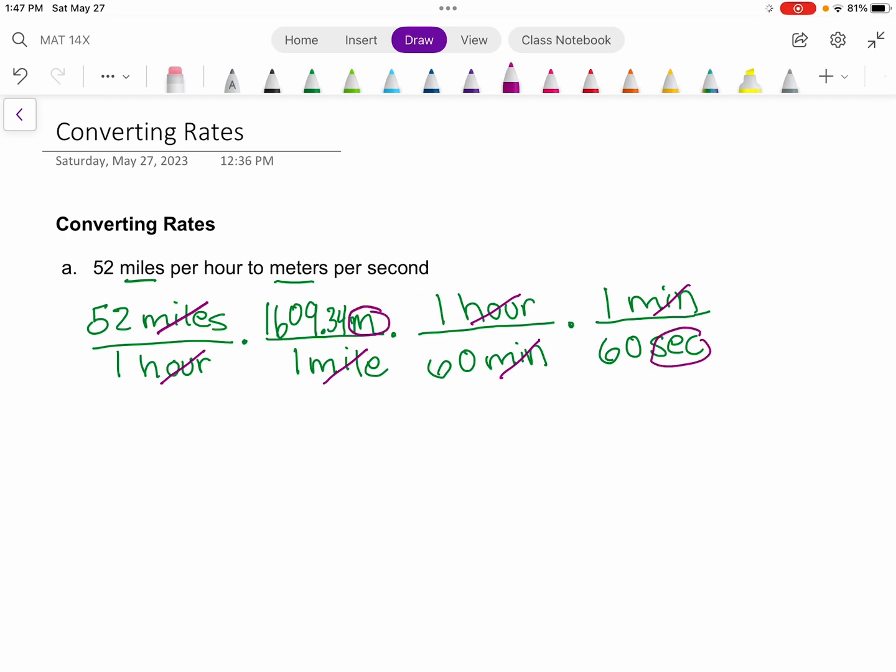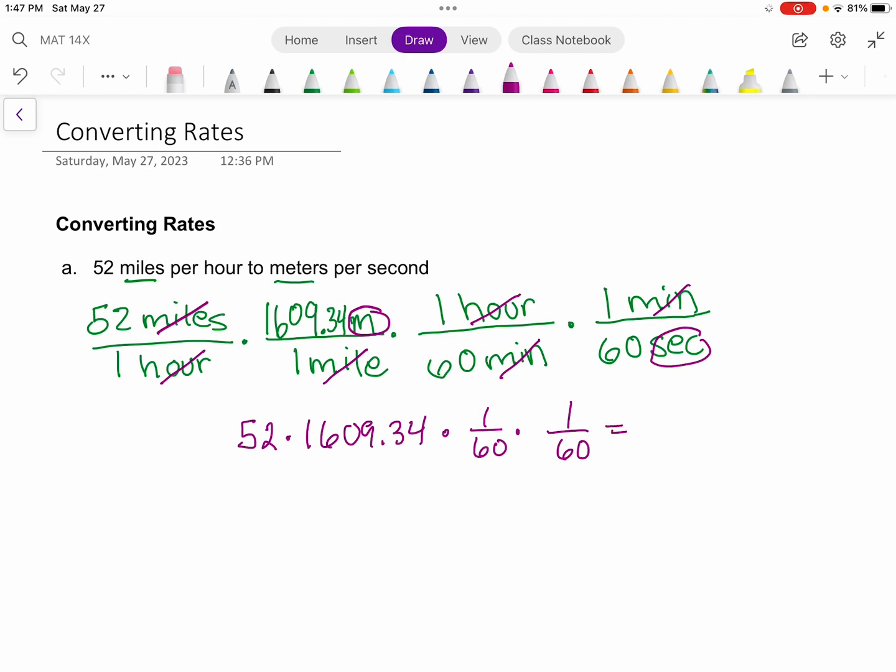And this is really just a giant multiplication problem. If I write this out without any of my units, I have 52 times the 1,609.34 meters in that 1 mile times 1/60th, that's the number of hours in a minute, times 1/60th, the number of minutes in 1 second.